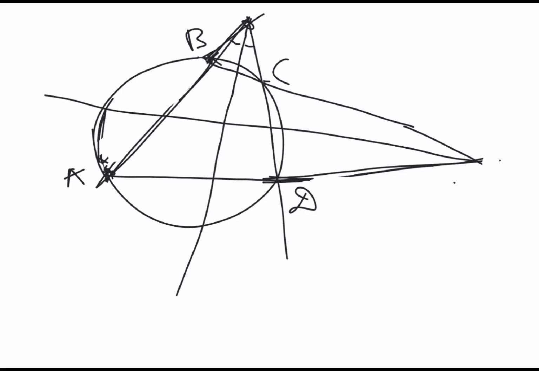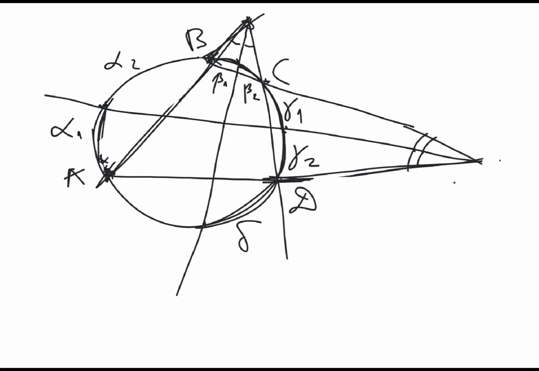So this is the bisector and this is the bisector. Let's denote all the arcs that our circle is divided into. Let's denote this alpha 1, alpha 2. This arc beta 1, this arc beta 2. This arc gamma 1, gamma 2. And this arc delta 1, and this is delta 2.